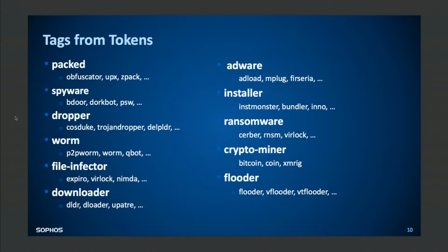So one experiment that we ran is, we defined 11 different tags that are interesting to us and things that we might want to extract from malware samples. We've defined these tags: packed, spyware, dropper, worm, file infector, downloader, adware, installer, ransomware, crypto miner, and flooder. I'm not going to get into them in particular, but I think they're pretty self-explanatory.